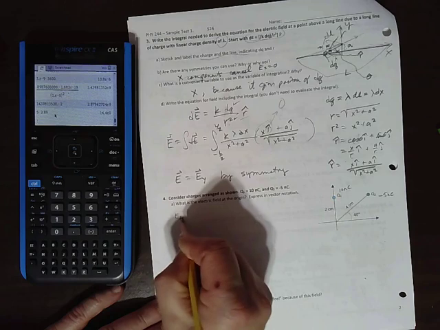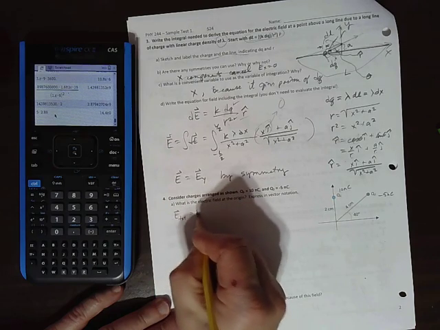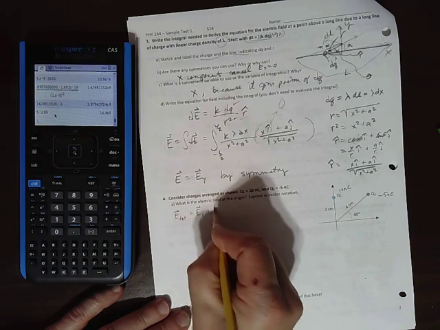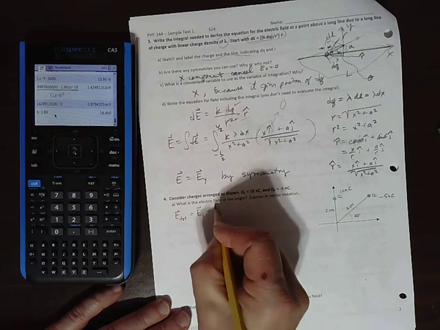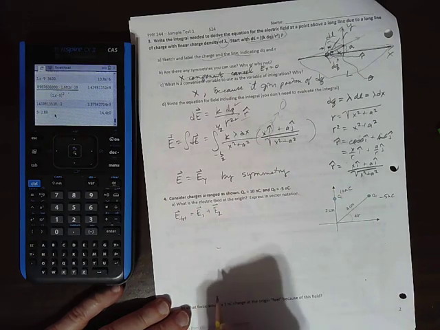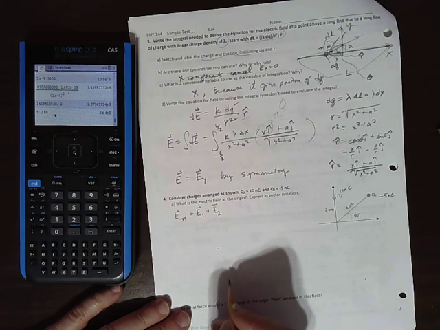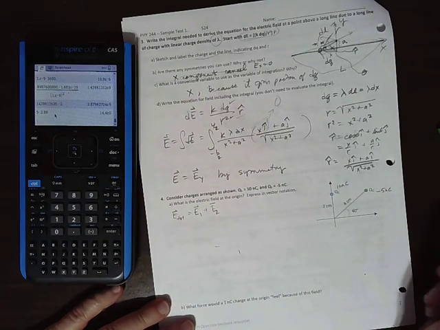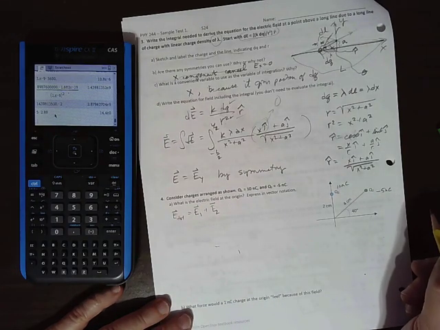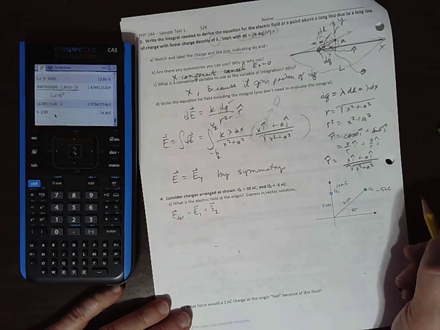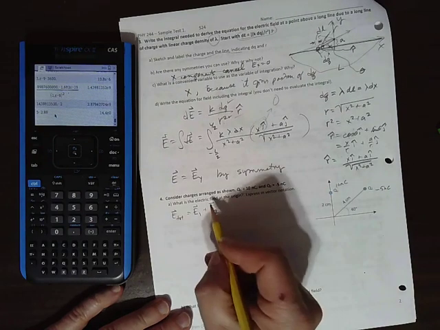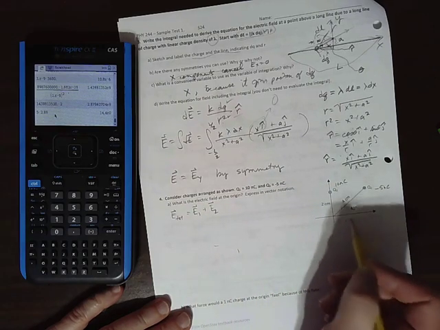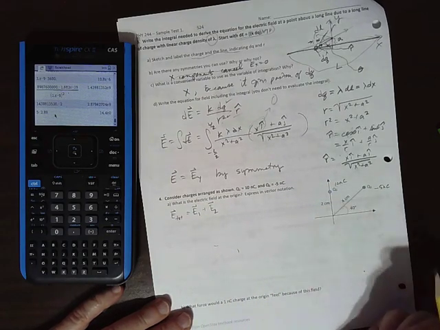So E total, and I guess this is a hint that you need to know how to do these vector problems, either a vector field one, an electric field one like this, or forces. Might have been better to just do it as a force question. What would be the force? A good way to do it would be to say, what is the force on a certain charge at the origin, and then find the electric field.